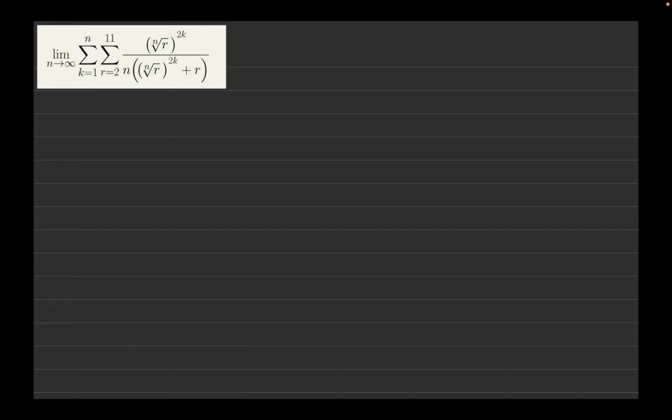That theorem tells you that if you have a function f which is integrable on the closed interval from 0 to 1, for example, let us say f is continuous on the closed interval from 0 to 1, then the limit of 1 over n sigma k goes from 1 to n f of k over n as n approaches infinity is equal to the integral from 0 to 1 f of x dx.